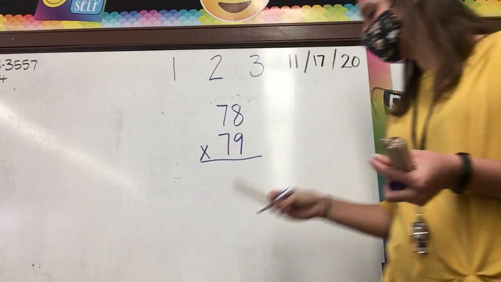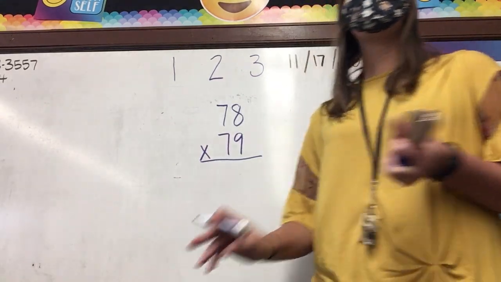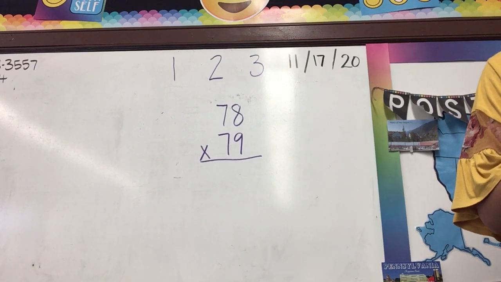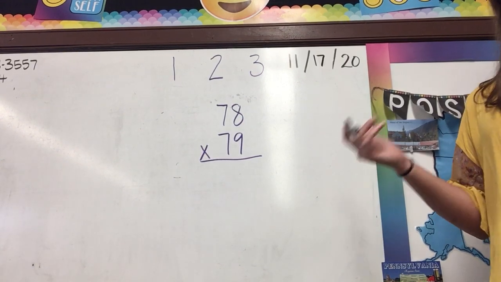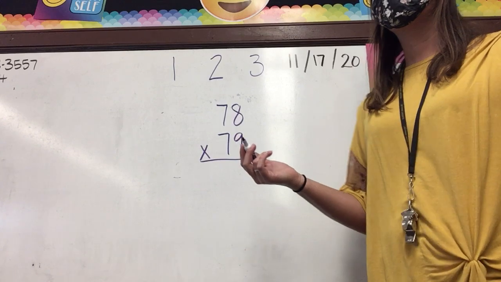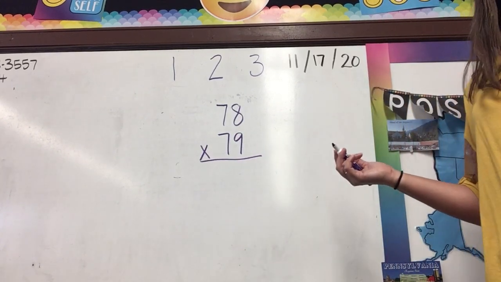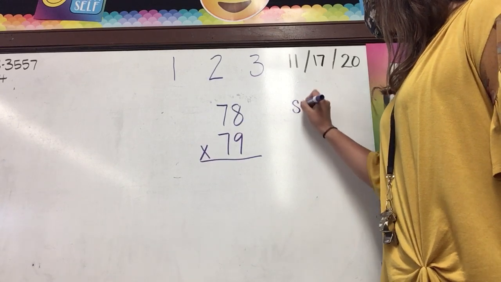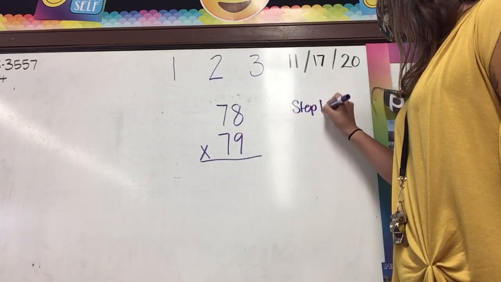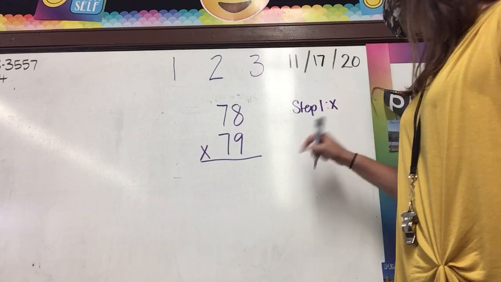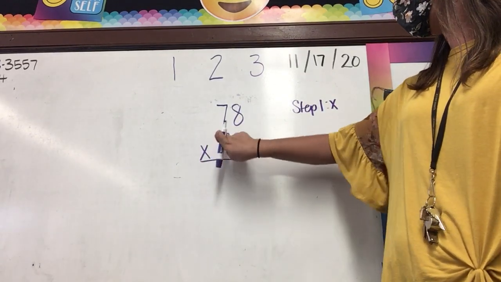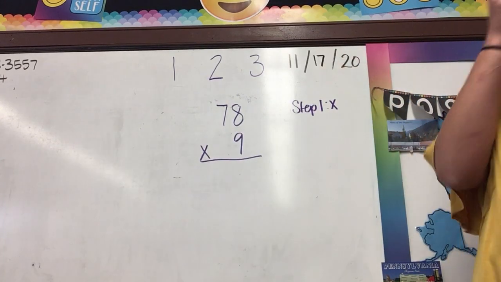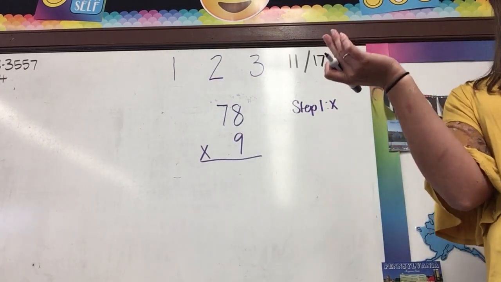It's good practice. Okay, those of you who say you're at that 1, you don't even know what to do. Guys, what's the first step? Cannon? Step 1, multiply. We're going to take, just as if this was a 1 digit by 2 digit, because we've done that before, haven't we?